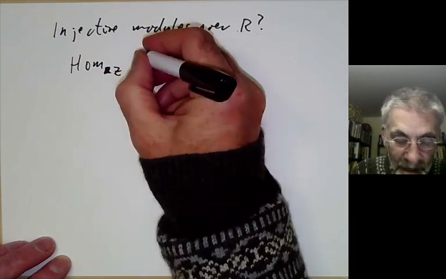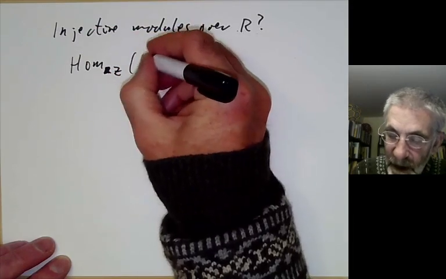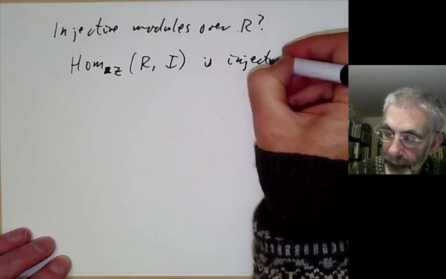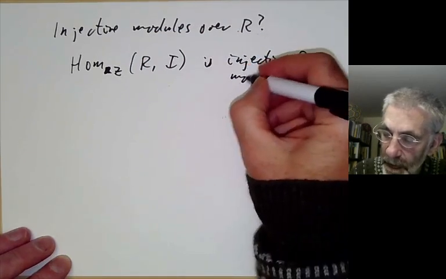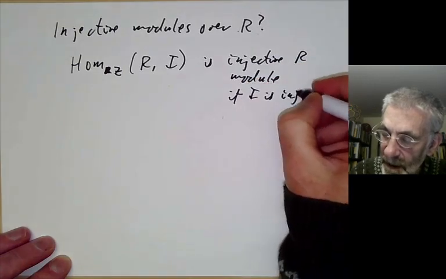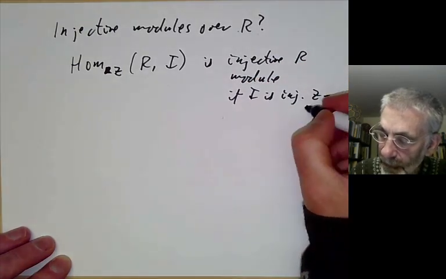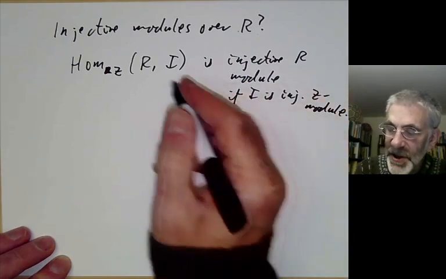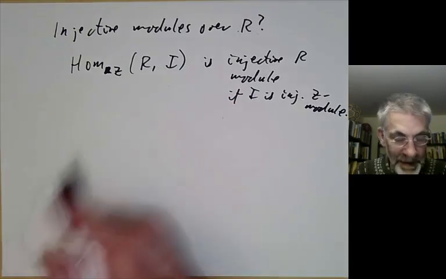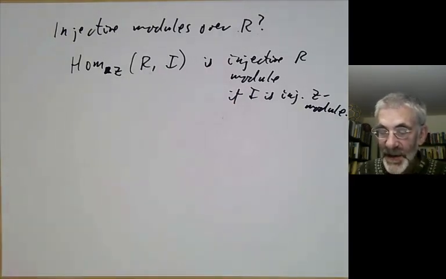is an injective R module if I is an injective Z module. And we've got lots of injective Z modules I, so this is going to give us lots of injective R modules.